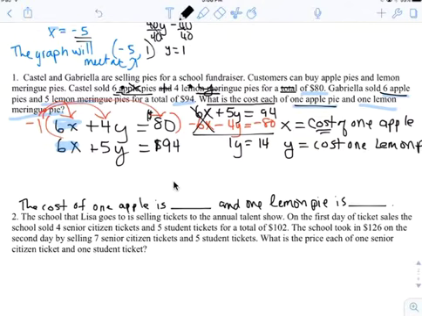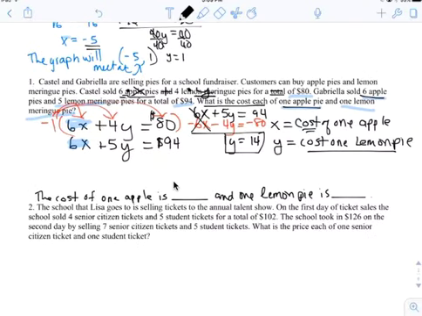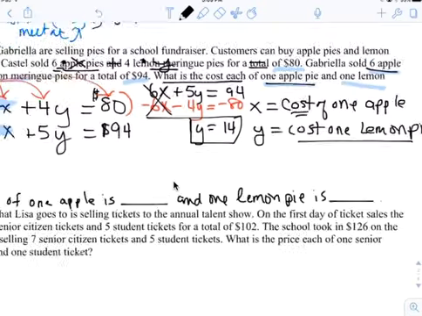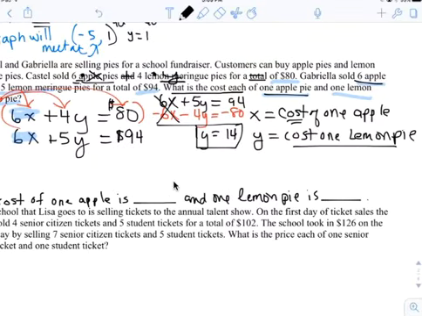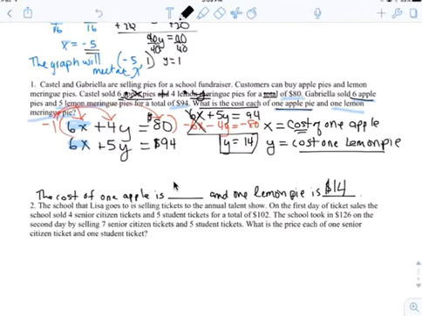And you divide by 1, leaves the same. So y is 14. $14 for one lemon pie, because y equals the cost of one. Right here, let's put it there. $14 for one. Okay, let's find x.